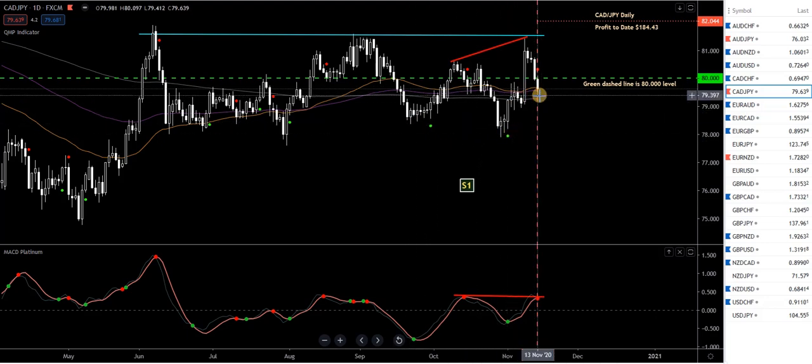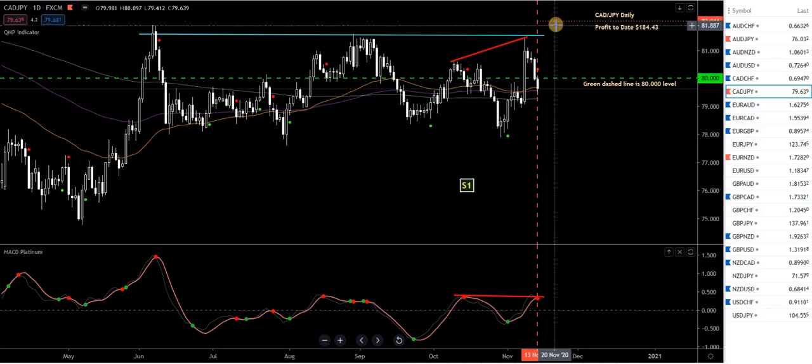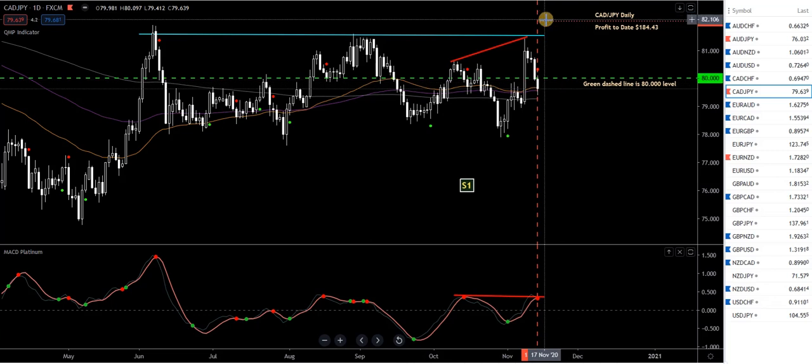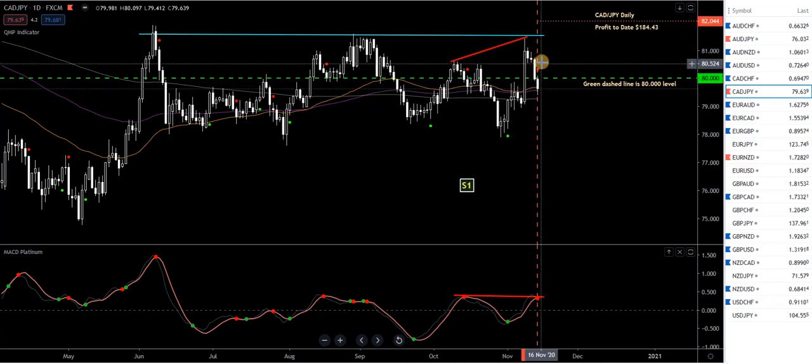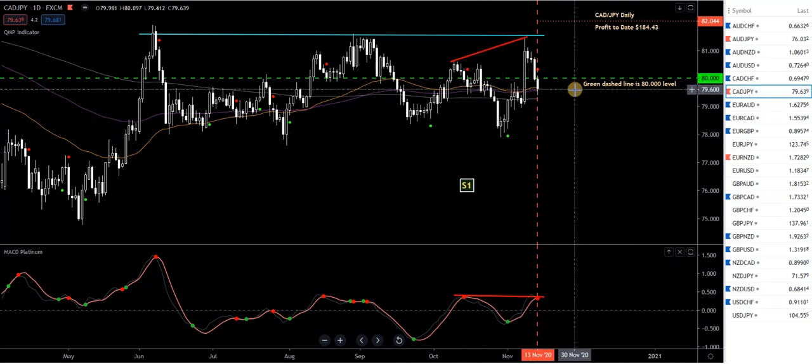And we'll take a sell, and my stop will be where that red line is up there. It's a big stop, but it's one I wouldn't expect to be hit. Hopefully I'll either move it down before then or something else will happen. But yeah, so Cad Yen, looking at a sell on Monday if it doesn't gap too drastically one way or the other.